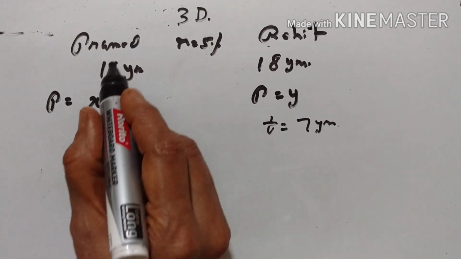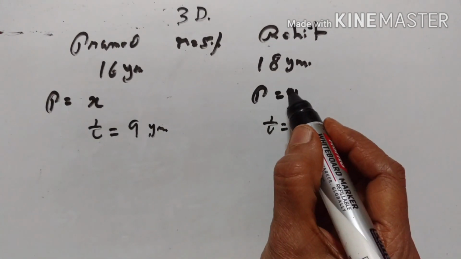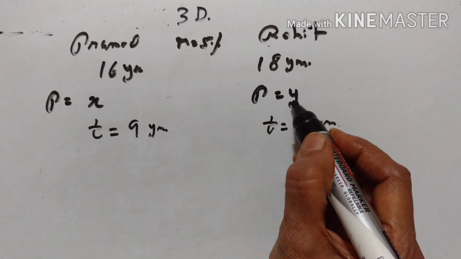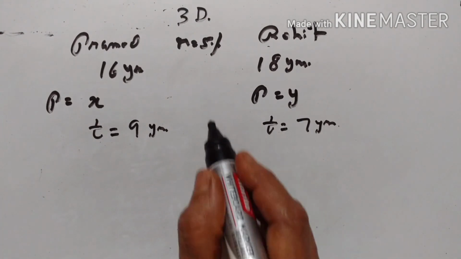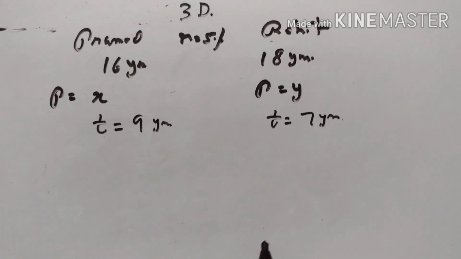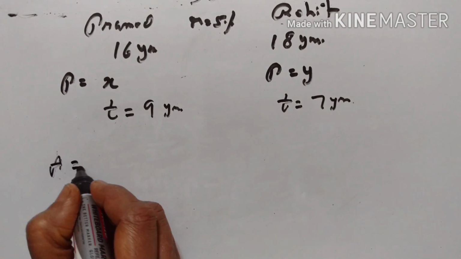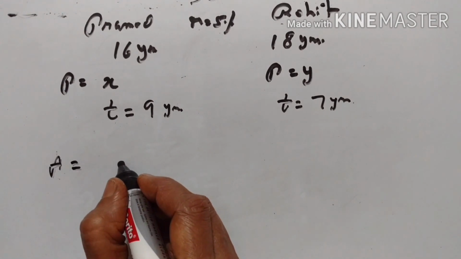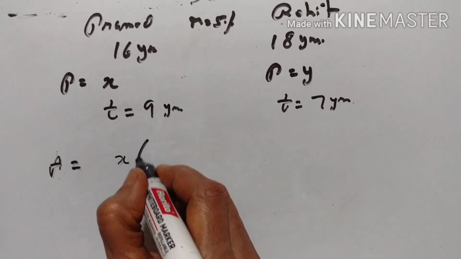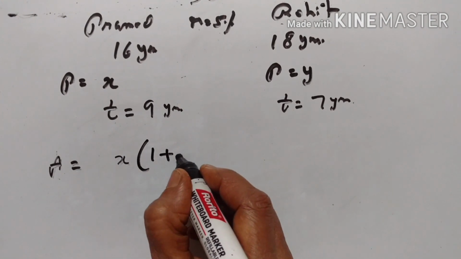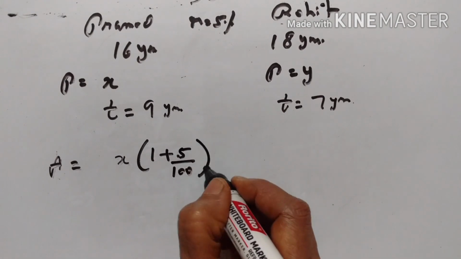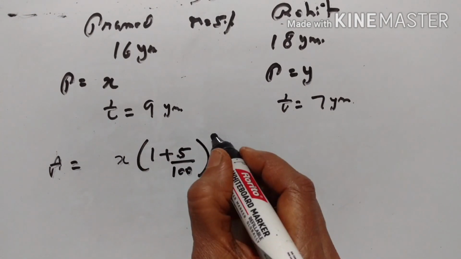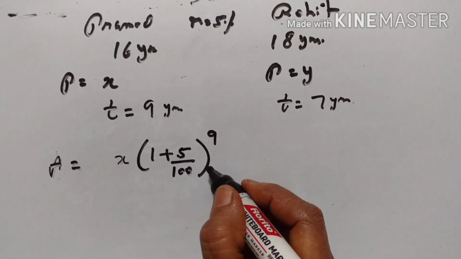Let the sum in Pramod's case is equal to x and in Rohit's case it is y. A is same in both the cases. Rate is equal to 5%. So A is equal to what? P, x, into 1 plus rate is 5 upon 100 raised to the power of time is equal to 9 years, compounded yearly.